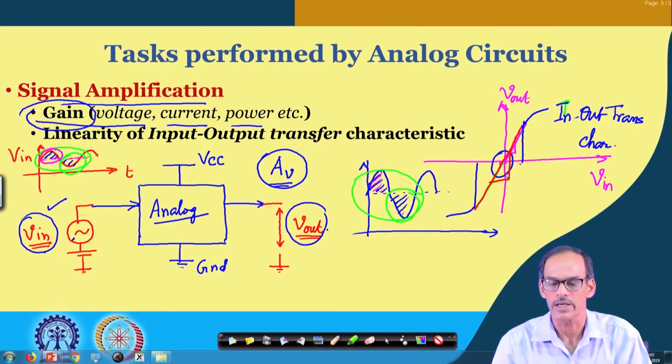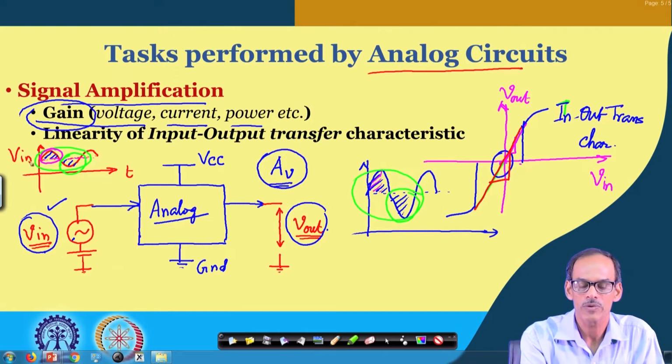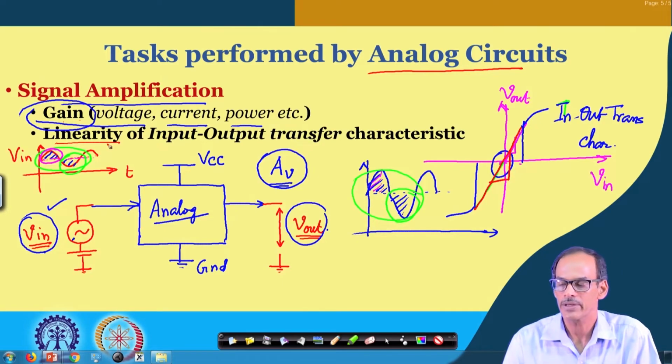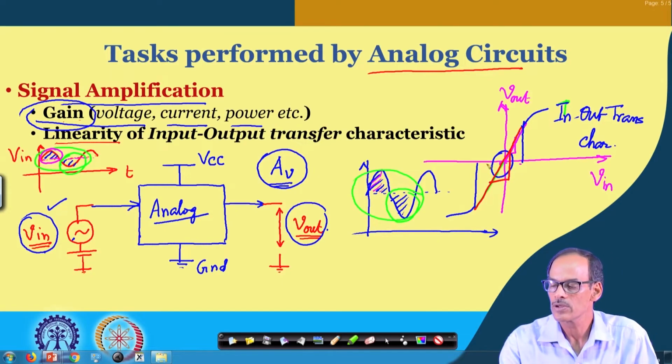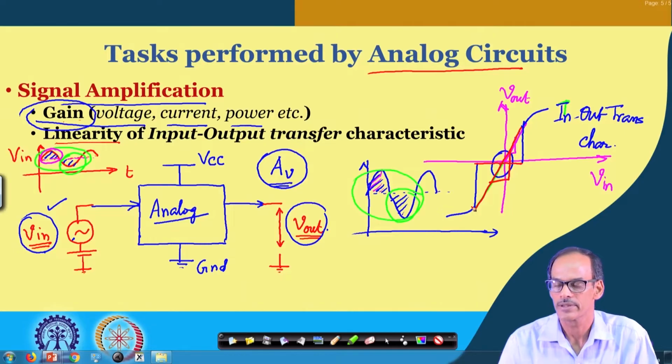So, whenever we are looking at an analog circuit, basically we must look at what the gain is, what linearity of the circuit is maintained, or at least over what range of input the linearity of the input to output transfer characteristic is maintained. So, these two important aspects we will be expecting from an analog circuit.